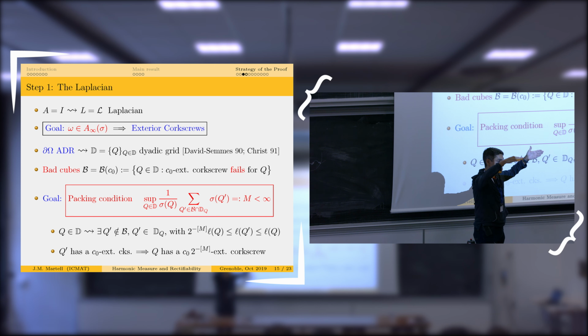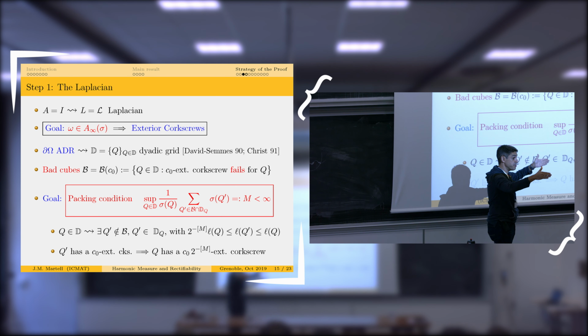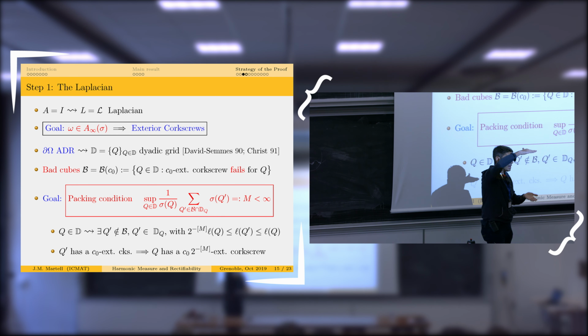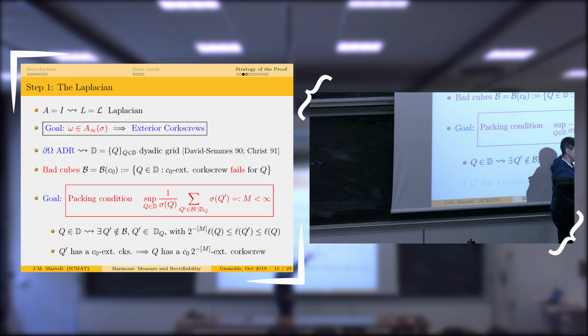The cube is bad, so it sums like sigma of Q. I have all the children, and if all the children are bad, I'm summing all the children again. I have the third generation, right? So every generation, if I don't have a bad cube, I'm summing them all, right? So after m generations of not having this, I'm going to pick m times sigma of the cube.